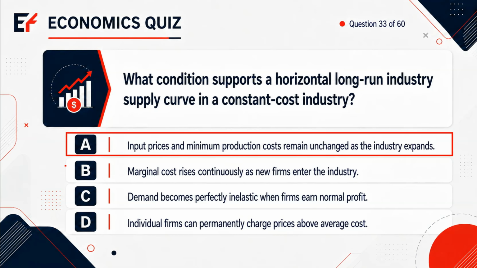Option B is incorrect because rising marginal cost would create an upward-sloping long-run supply curve. Option C is incorrect because the elasticity of demand does not determine whether the industry is constant cost. Option D is incorrect because competitive firms cannot permanently charge prices above average cost in long-run equilibrium.